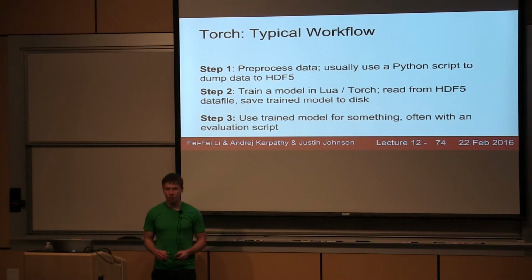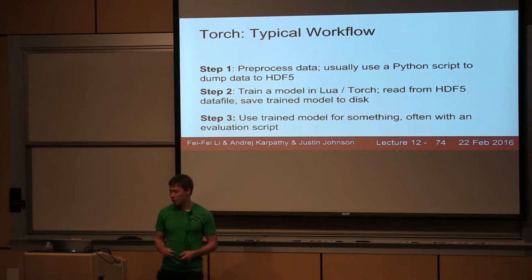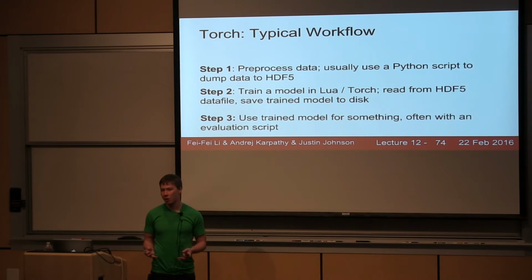So a very typical workflow in Torch is that you'll have some pre-processing script, often in Python, that'll pre-process your data and dump it into some nice format on disk. Usually HDF5 for big things and JSON for little things. Then I'll typically write a train.lua that'll read from the HDF5, train and optimize the model, and save checkpoints to disk. And then usually I'll have some evaluate script that loads up the trained model and does something useful.